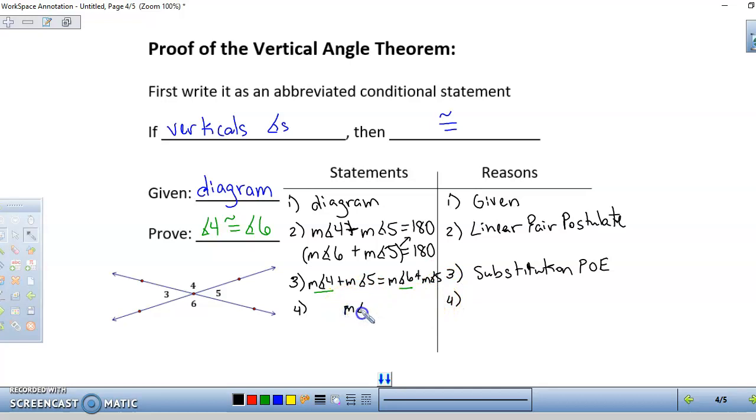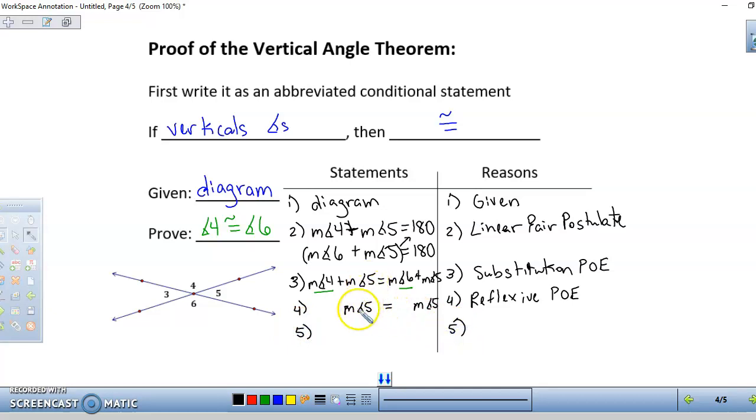Now, the way we do that in geometry is we actually put a little equal sign between them, and we call this the reflexive property. Okay, and do not worry, you are not going to have to ever do this again. So just sit back and watch what's going on and try to focus and follow along.